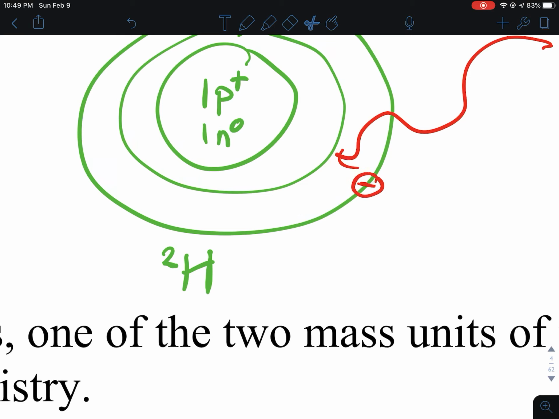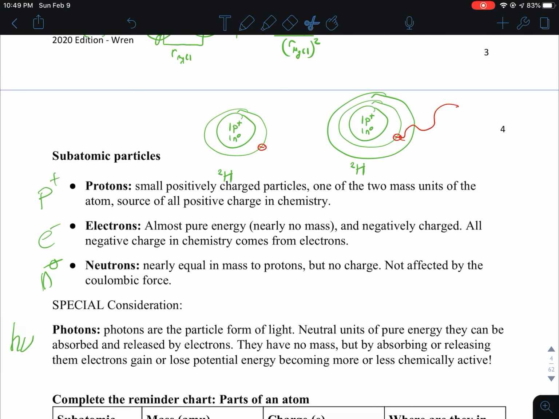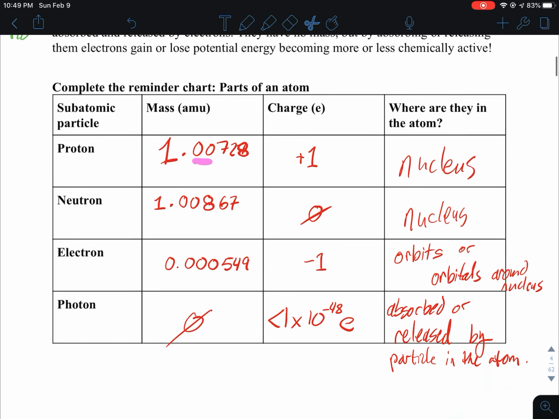I was just discussing how glazes and such are caused by this kind of action. So when light hits this electron, it'll pop up into the next orbital, and then it'll release down and release the same photon. And that's how electrons can move around between the orbitals. So photons end up being really, really important.